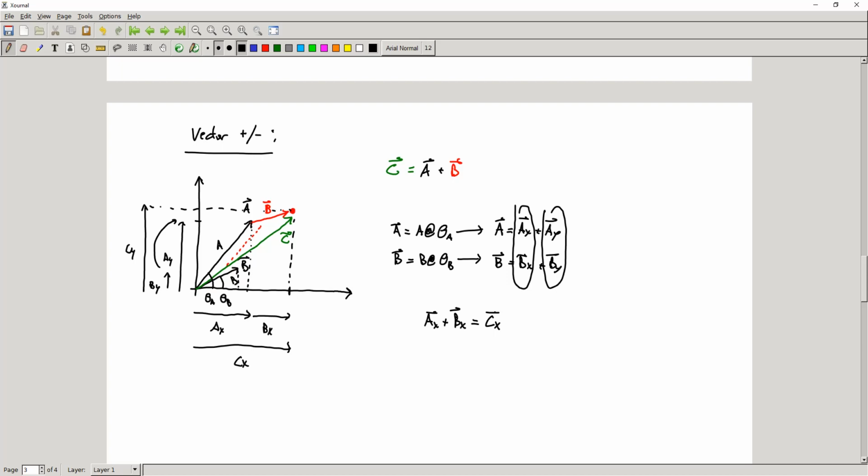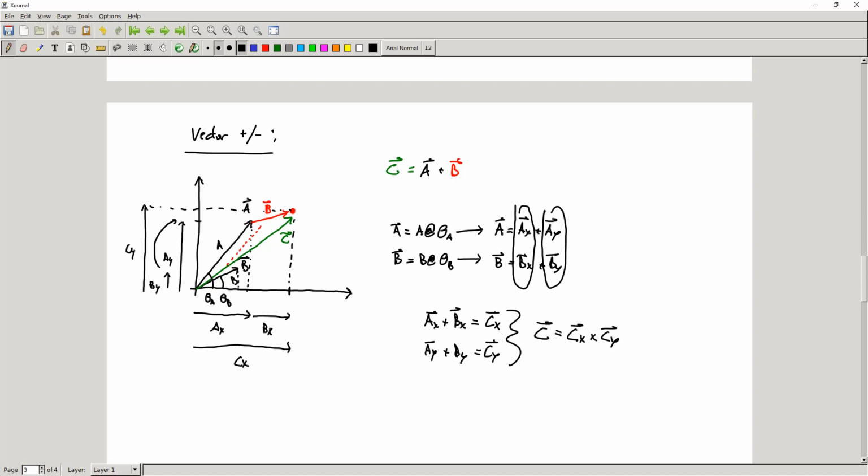So again, going back over to the algebraic side over here, we end up with AY plus BY equals CY. And then using these two components here, this gives us our C, which is equal to CX plus CY, right? And so that's kind of how we would handle the addition.